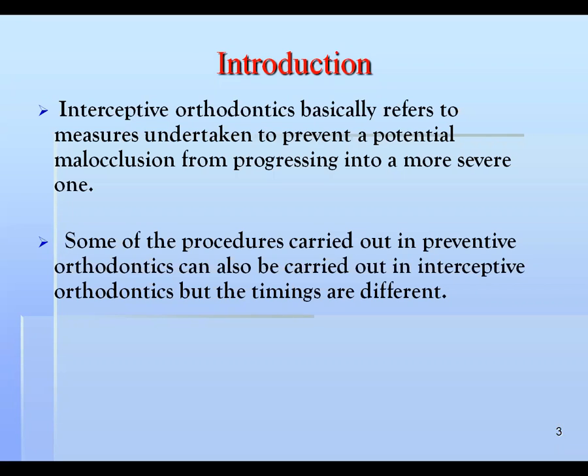Coming to the introduction, interceptive orthodontics basically refers to measures undertaken to prevent a potential malocclusion from progressing into a more severe one. Some of the procedures carried out in interceptive orthodontics can also be carried out in corrective orthodontics, but the difference is their timing.